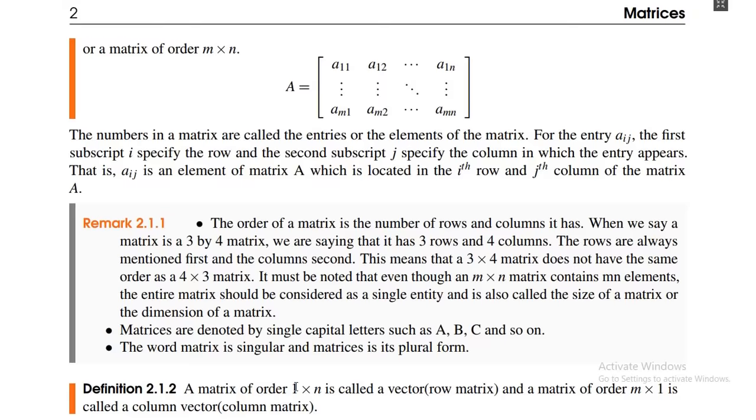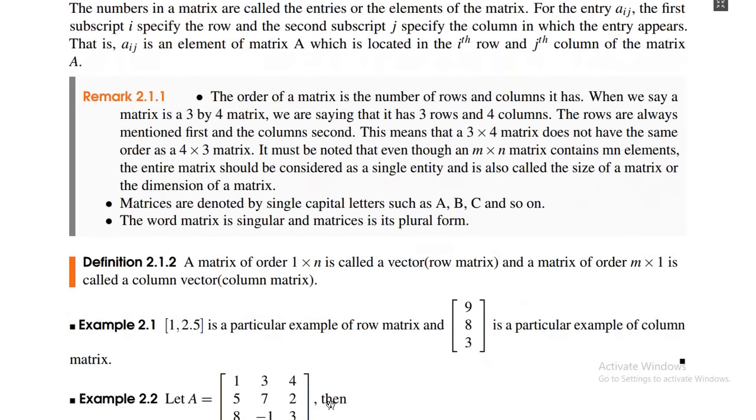A matrix of order 1 by n has 1 row and n columns, therefore we say it is a row vector or row matrix. And the matrix of order m by 1 has m rows and 1 column, and this is called a column vector or column matrix.